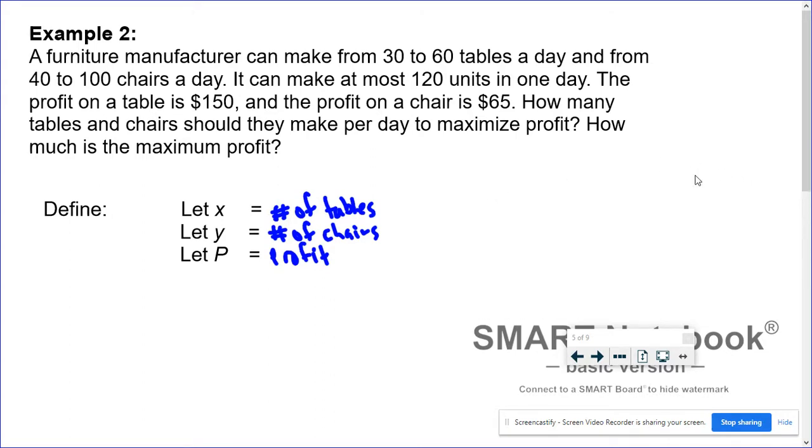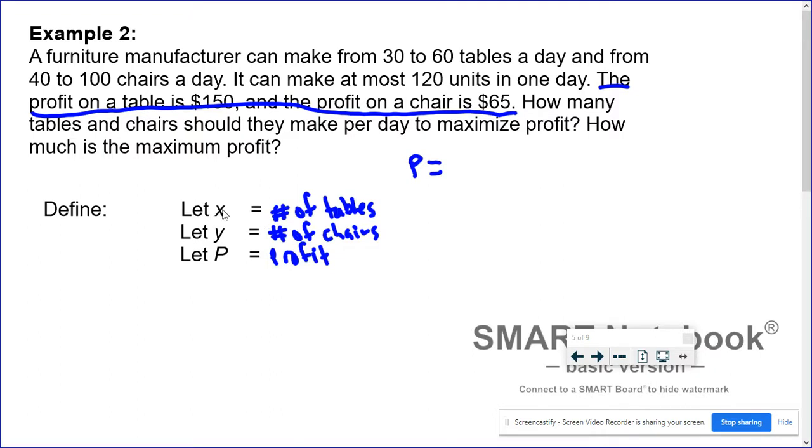So let's write out the information. I think I'm going to do the objective function first. The profit is equal to, so we're getting that from this sentence here. I didn't mean to cross out the sentence, but there you go. That's the sentence we're going to write the objective function from. So the profit on a table is $150.